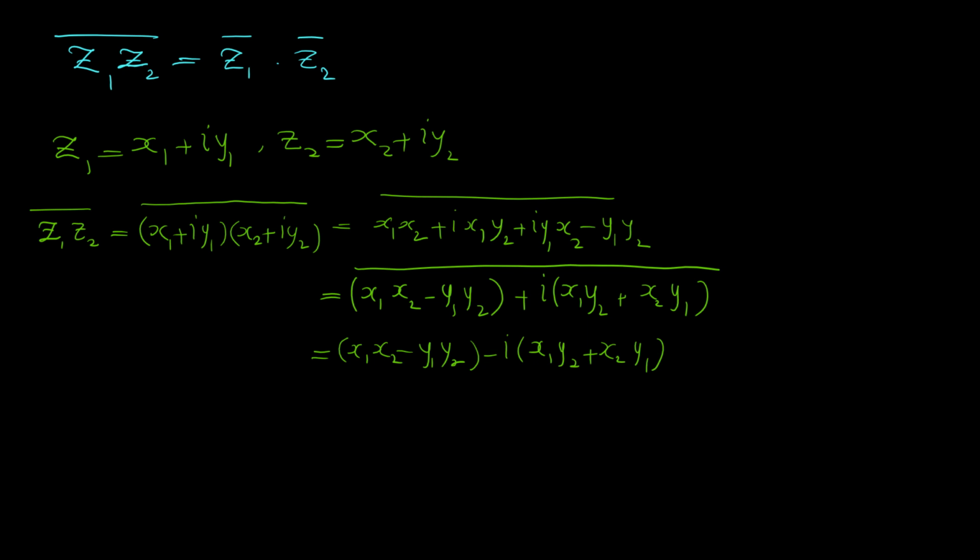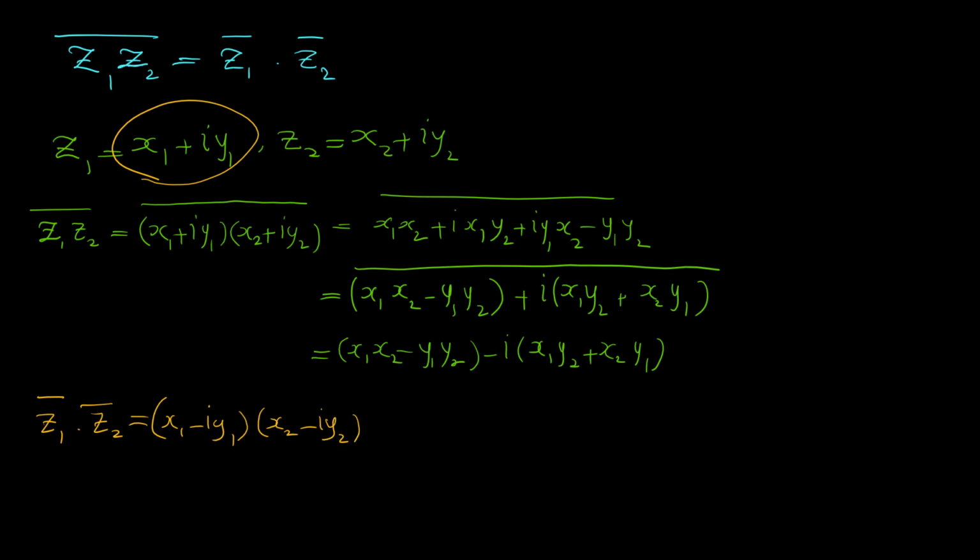Now we want to find what is the conjugate of z1 times the conjugate of z2. The conjugate of z1 is x1 minus i y1, and the conjugate of z2 is x2 minus i y2.